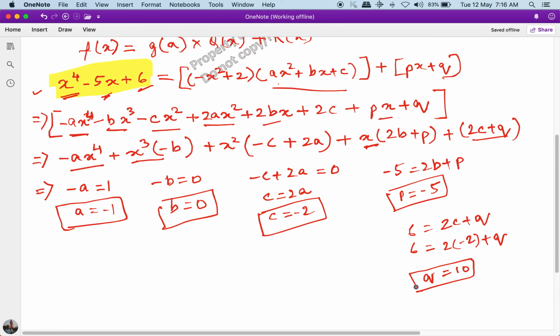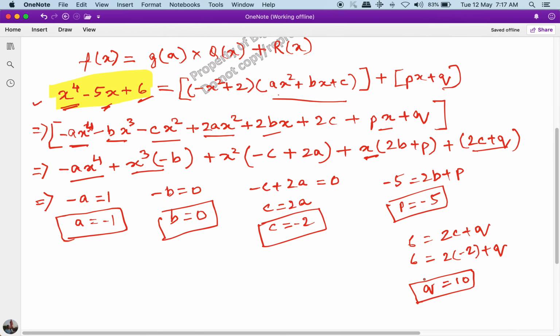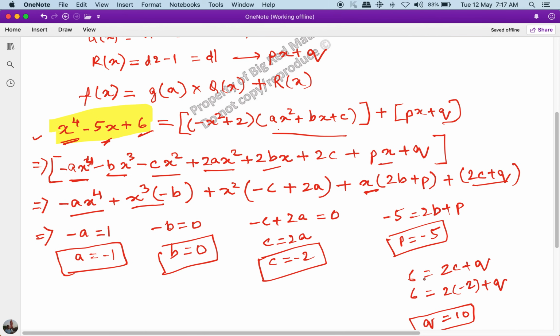So we have found all the 5 variables that we needed, and now let us go back to our quotient and the remainder. You see the remainder was px plus q. p is minus 5 and q is 10, so the remainder is going to be minus 5x plus 10.